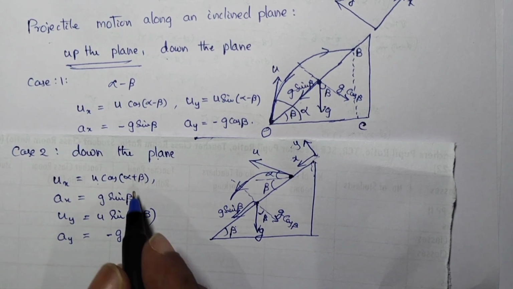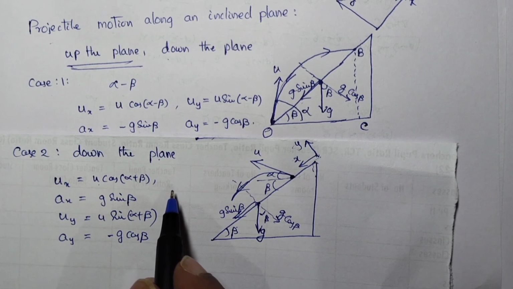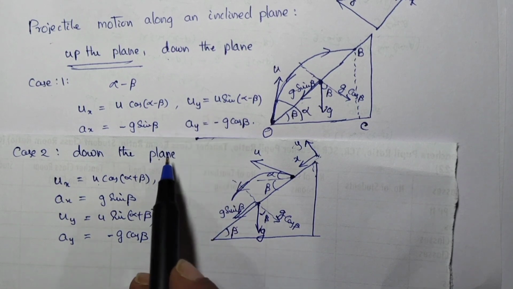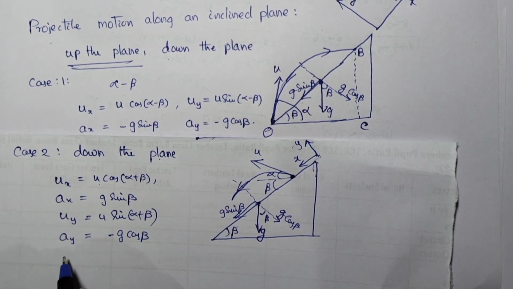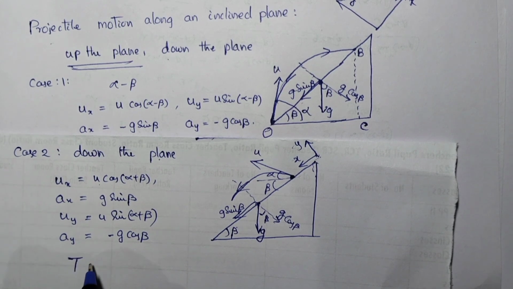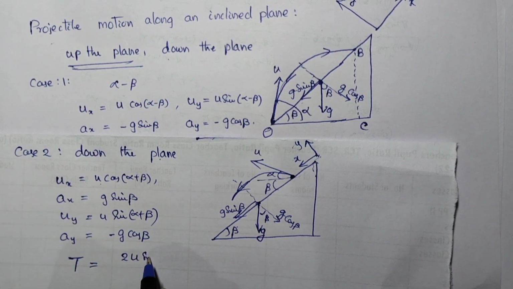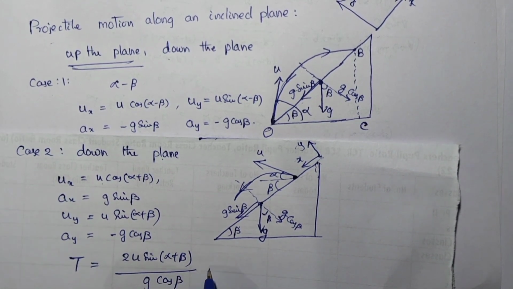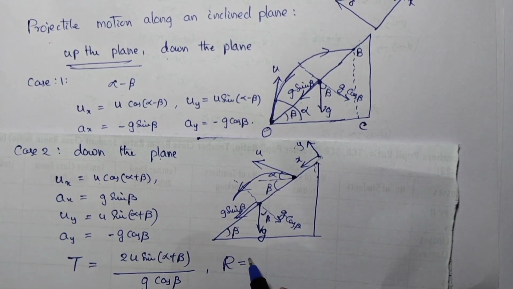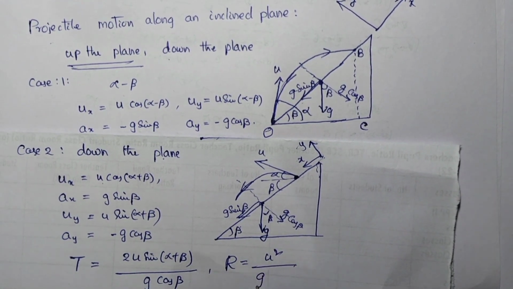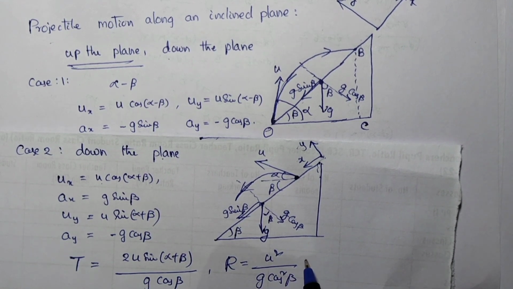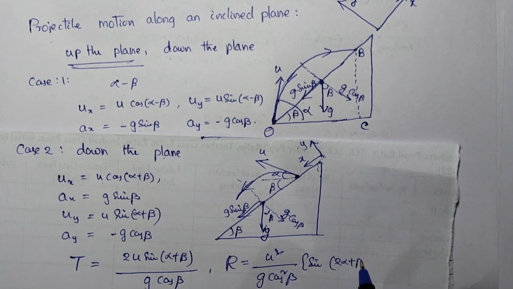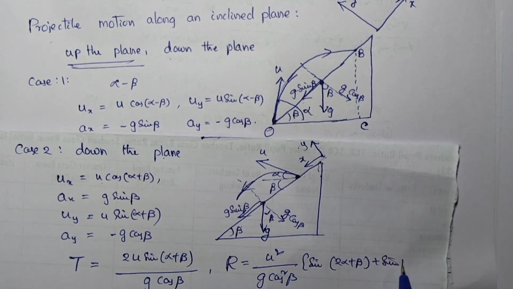By using these values in the same way as we did in the earlier video, the time of flight will be 2u sin(alpha plus beta) by g cos beta, and R is equal to u square by g cos square beta into sin(2 alpha plus beta) plus sin beta.